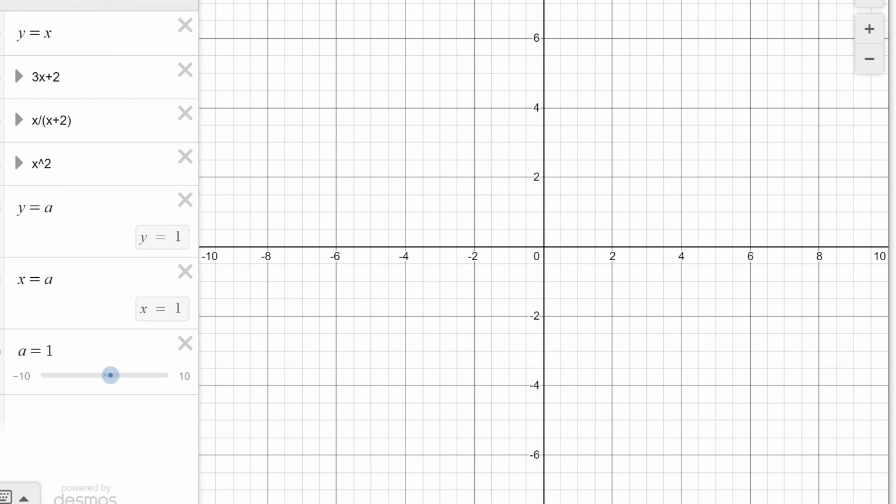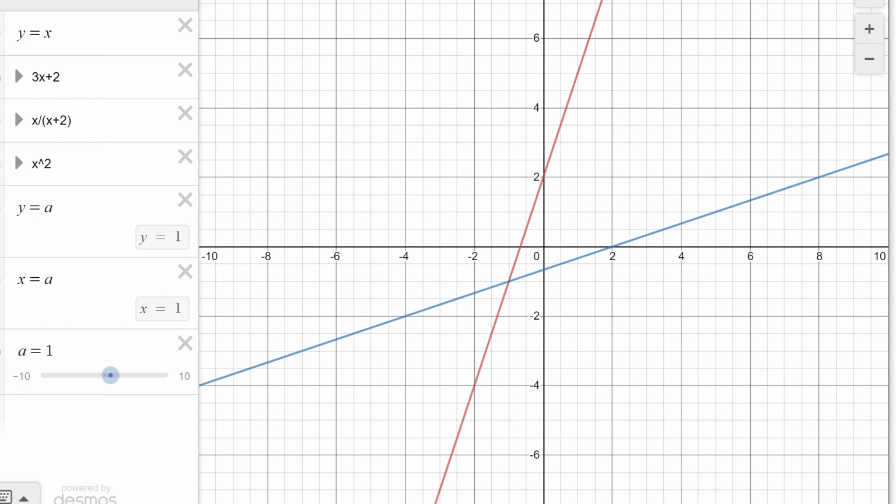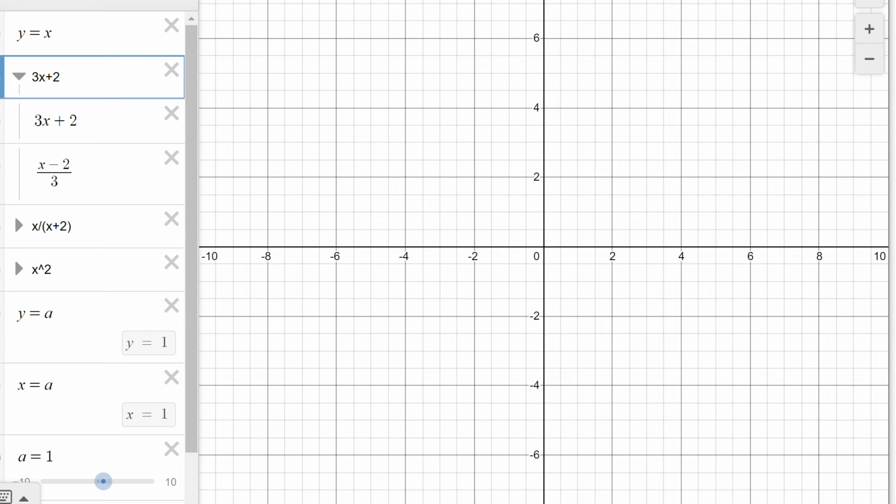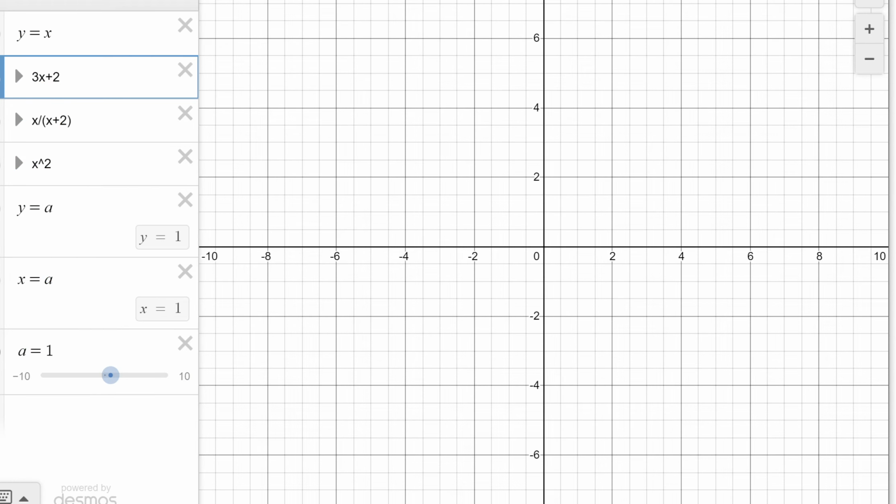So here's Desmos, and what we have is just a blank graph. Now I'm going to show you the two graphs that we started with. We had a function y equals 3x plus 2, and our inverse function was the quantity x minus 2 divided by 3. So those two functions are graphed right there. I'm going to turn those off for a second and show you the next one.